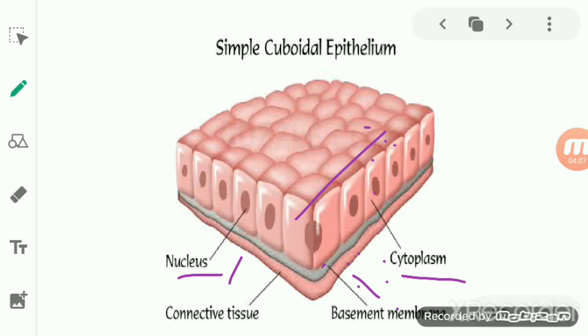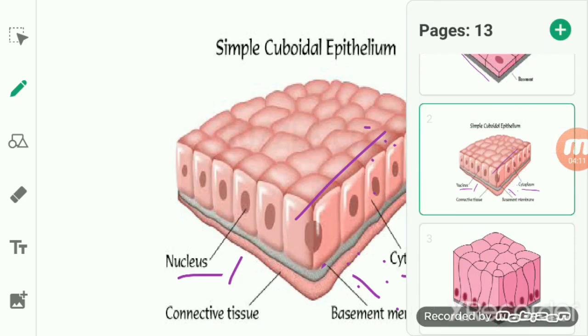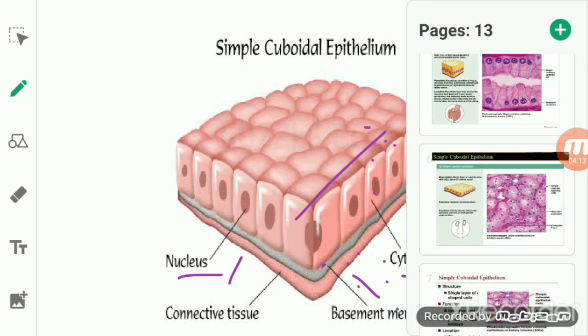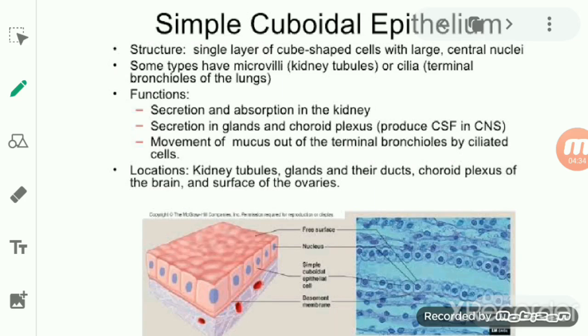Suppose this free surface has cilia on it. Let me show you what cilia is, students. If this free surface has small cilia on it, a finger-like projection, or we can say a hair-like strand.